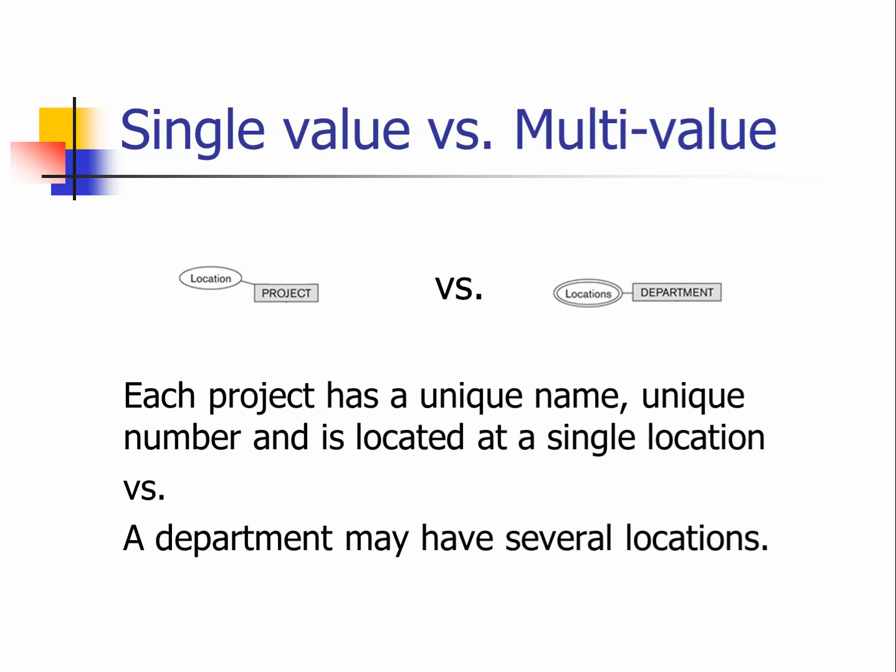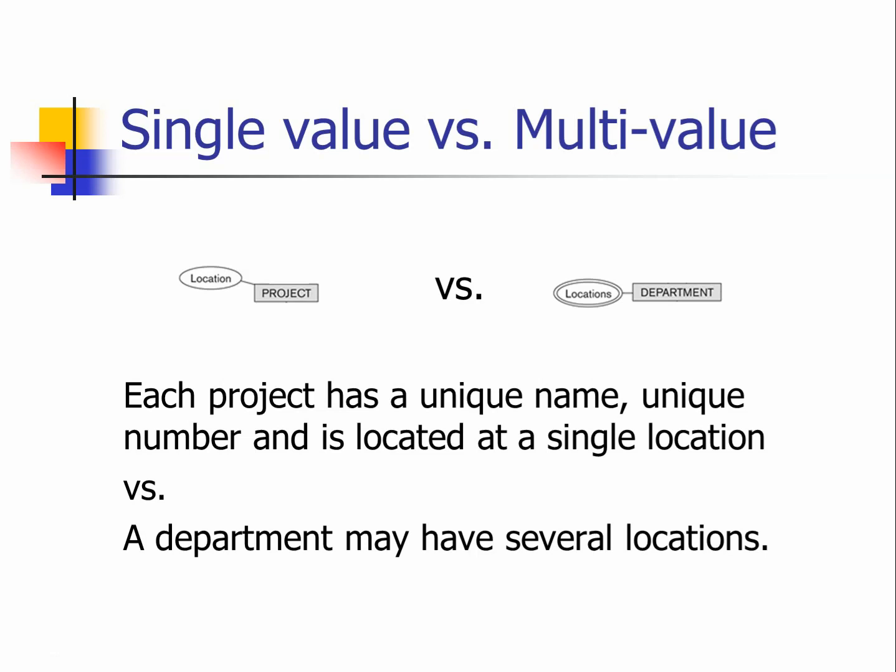So that is a single value composite attribute. For locations, since you can have multiple locations, this is going to be a multi-value attribute. But since location holds only one piece of data and cannot be further divided, this is what we call a multi-value attribute and a simple attribute.